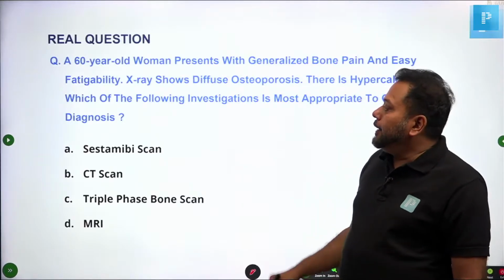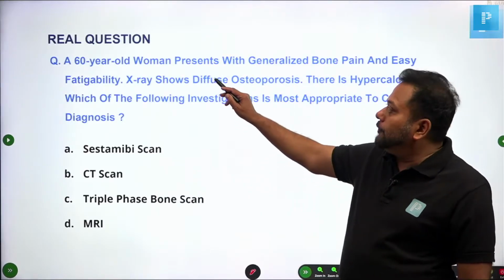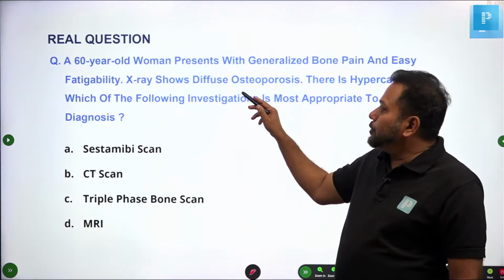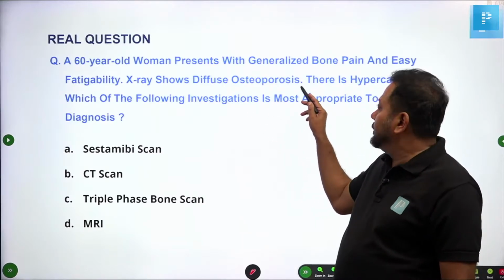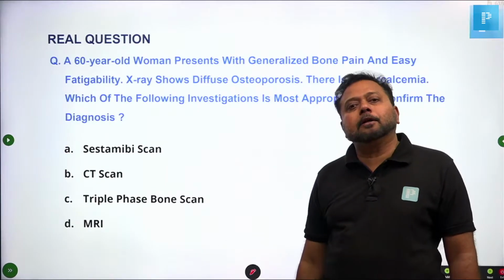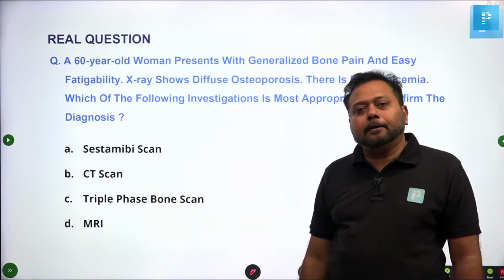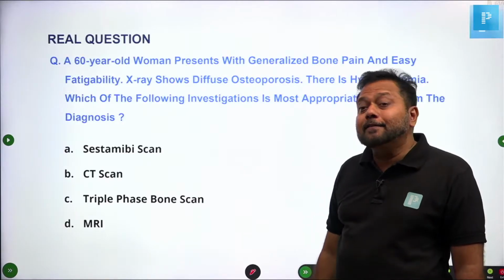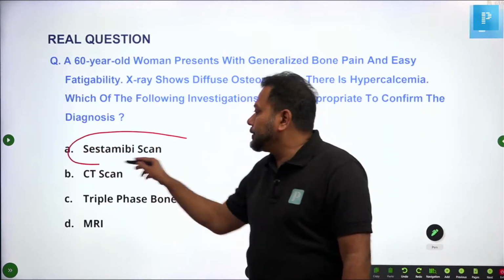See, a 60-year-old woman presents with generalized bone pain, easy fatigability, may show diffuse osteoporosis. There is hypercalcemia. So it's a parathyroid pathology. So the best scan for that is sestamibi scan.